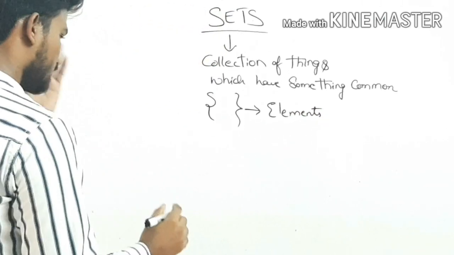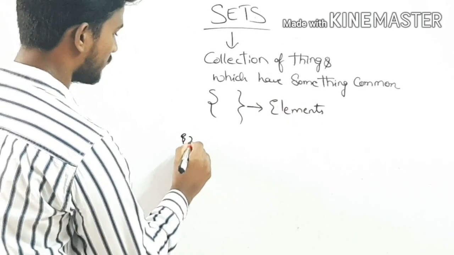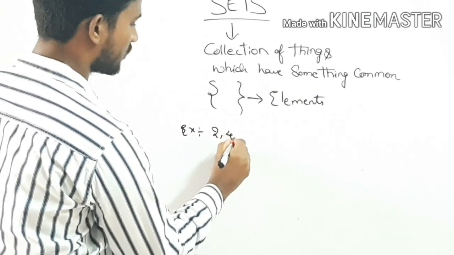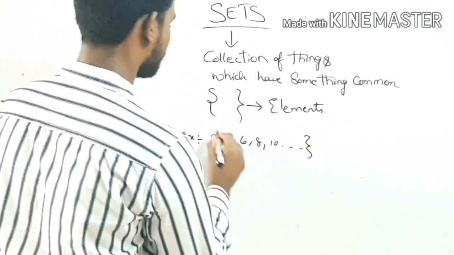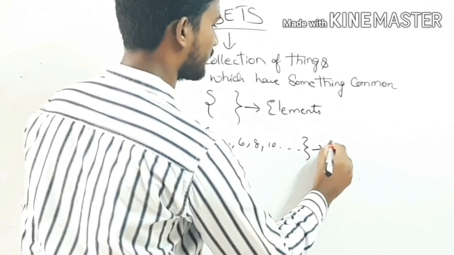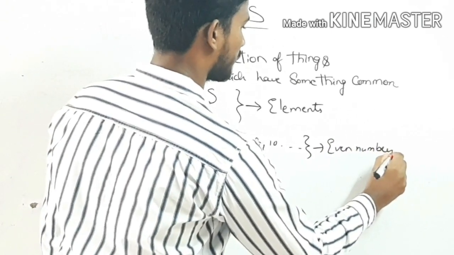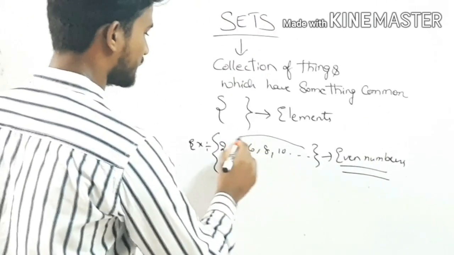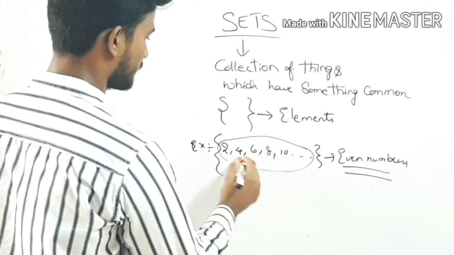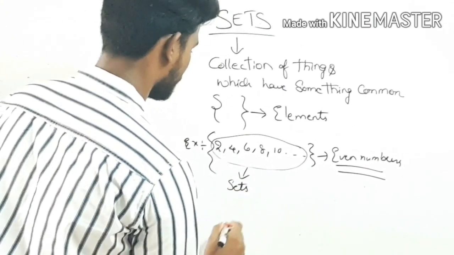We will discuss this something in common. For example, we take 2, 4, 6, 8 and 10 and so on. They are the even numbers. We have a common thing, so the elements present in this are known as a set.